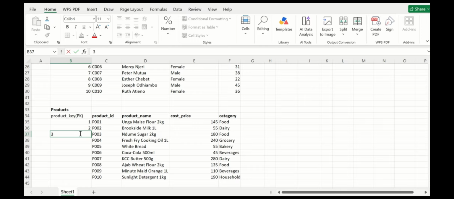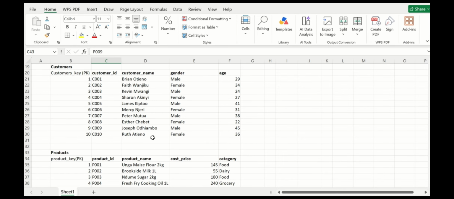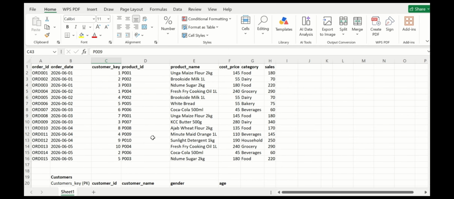Here we can make it 3, here 4, here 5, here 6, here 7, 8, here 9, here 10. So we have our products table here.